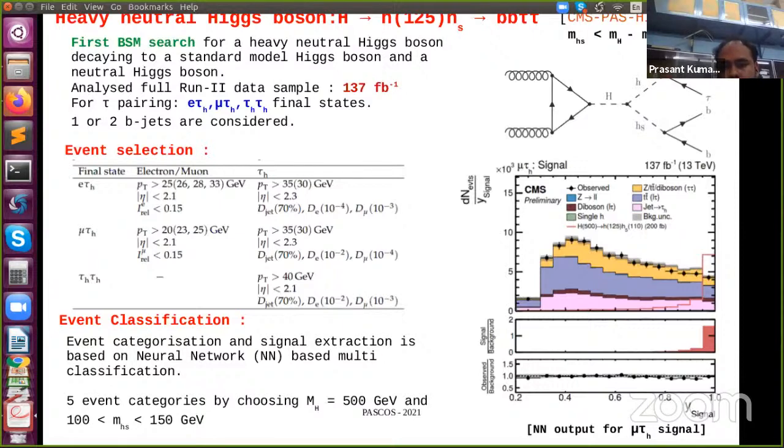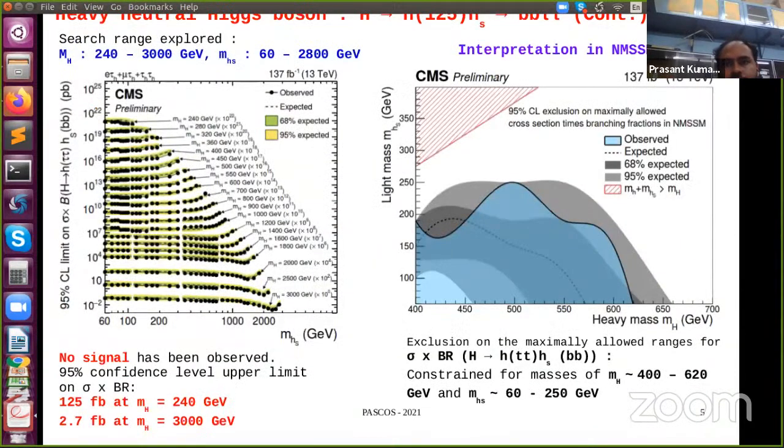So let me move on to the next slide. For this heavy neutral Higgs boson, the mass range explored is from 240 GeV to 3000 GeV, and the mass of the additional scalar is considered to be 60 to 2800 GeV.